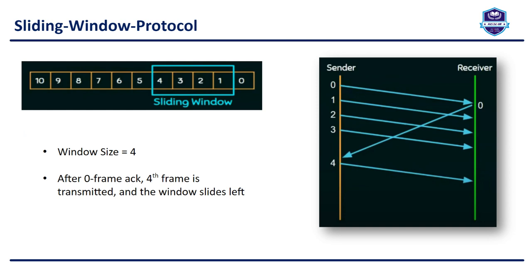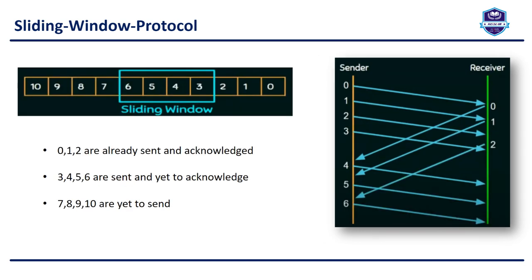Once the sender receives that first acknowledgement, the window will slide, as it contains four frames. So it moves, and the fourth frame will be sent to the receiver, and the receiver will get and process the fourth frame, and the first frame acknowledgement will be sent.